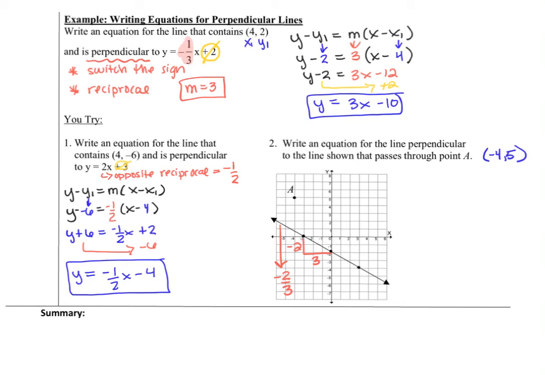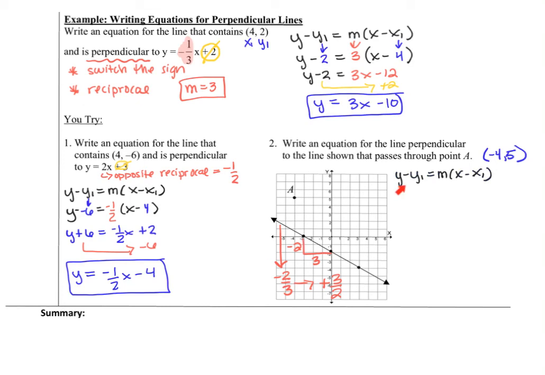However, I want a slope that's perpendicular to this one. So what I need to do is change the sign so it's positive, and then flip the fraction to get the reciprocal. So my perpendicular slope is going to be positive 3/2.